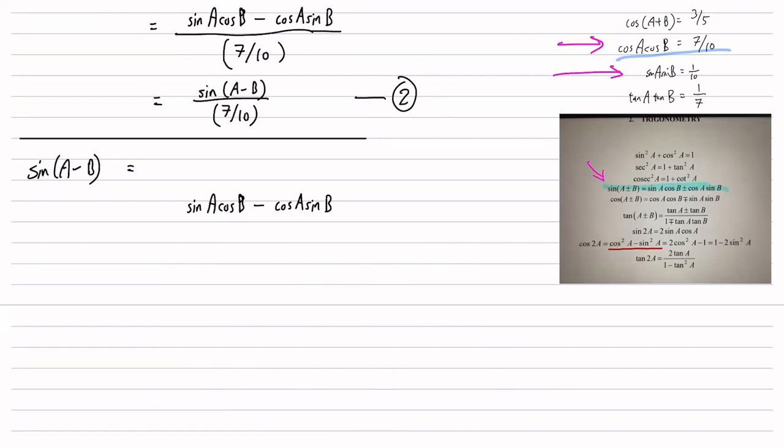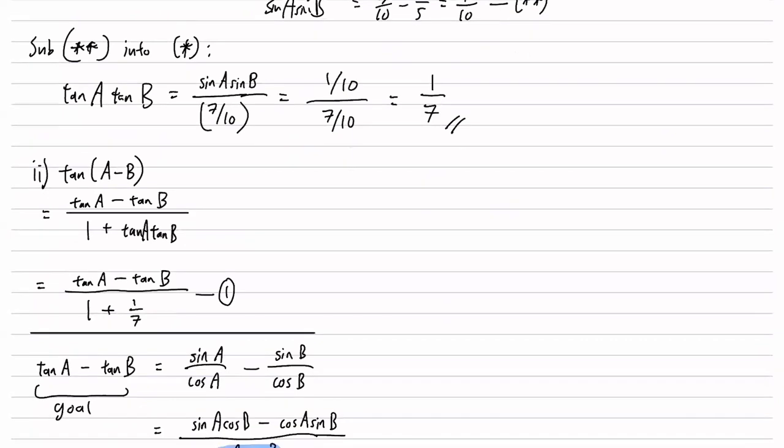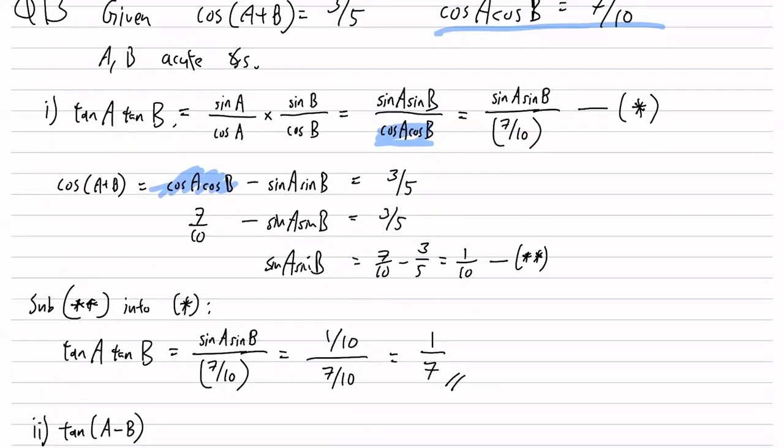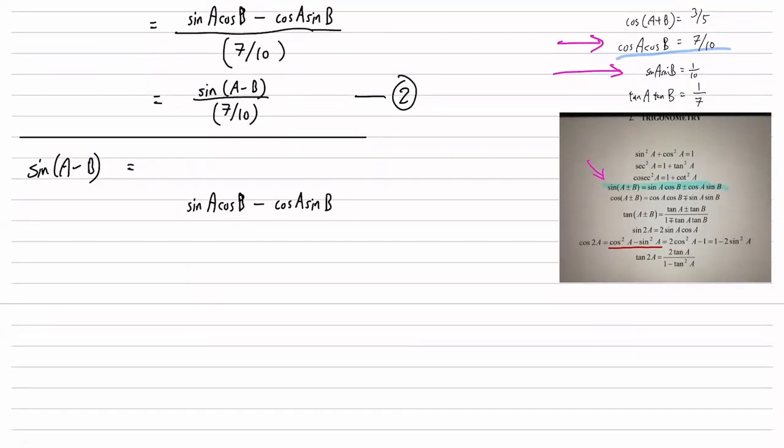Let me think a bit. Sine A cos B minus cos A sine B is sine A minus B. That's correct. Then we have currently cos A cos B is 7 over 10. We have sine A sine B is 1 over 10. That's correct as well. What else do we have? Let me see again. Did I miss out something? Sorry, I forgot how I approached this again.